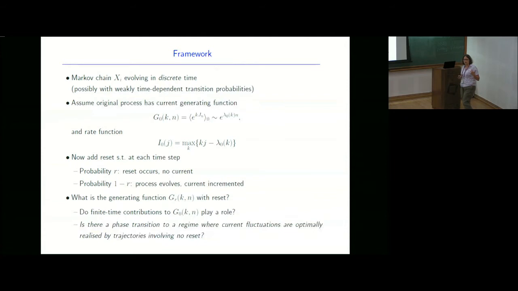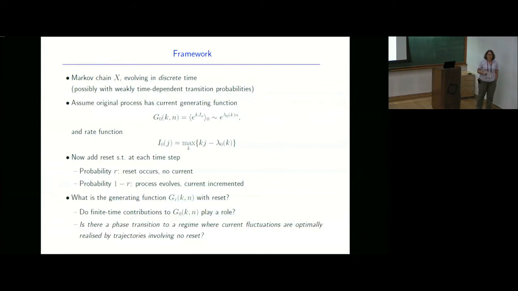And then you can ask, well, does that frequency change smoothly as I change the value of the current I'm interested in? Or is there some phase transition to a regime where the most likely way to see a particular current is just not to reset at all?